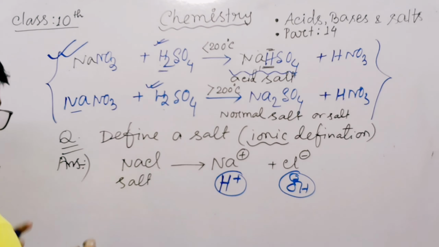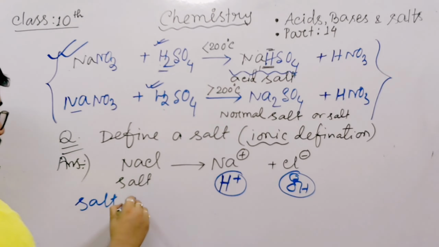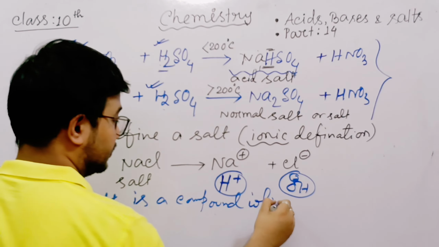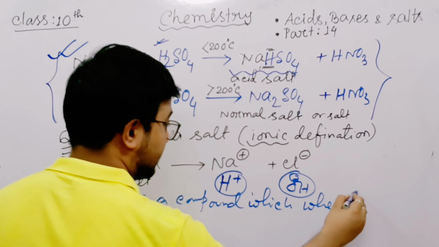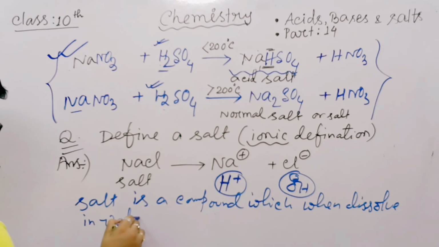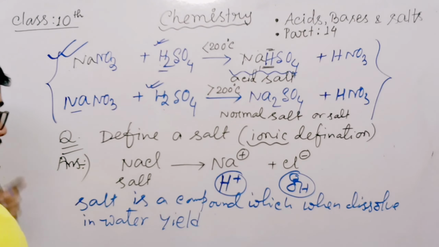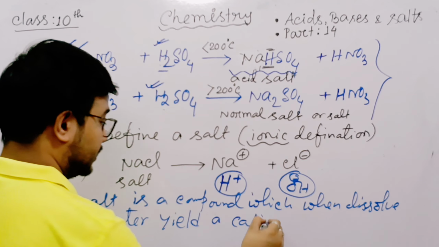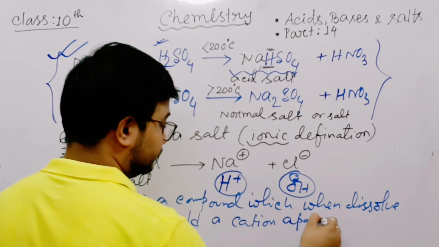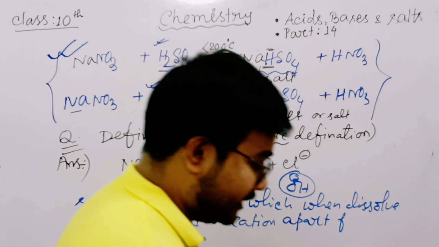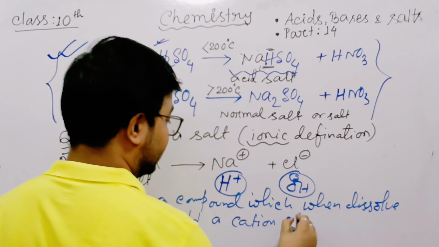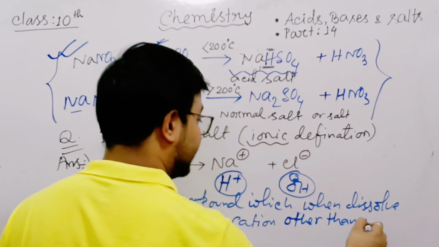So what is definition of the salt? That is ionic definition. Salt is a compound which when dissolve in water yield a cation, any cation, but a cation other than H plus.